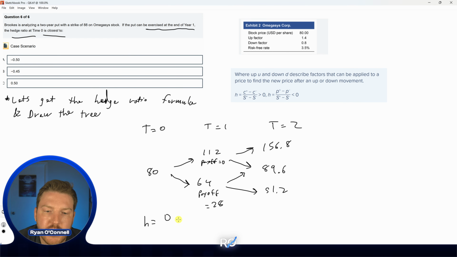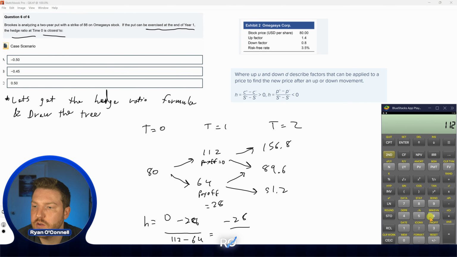So it should be minus the 28, and then we'll divide it by the value of the stock in the up scenario, which would be the 112, minus the value of the stock in the down scenario, which would be the 64. So that will give us negative 28 over, and let's see, 112 minus 64 is 48.